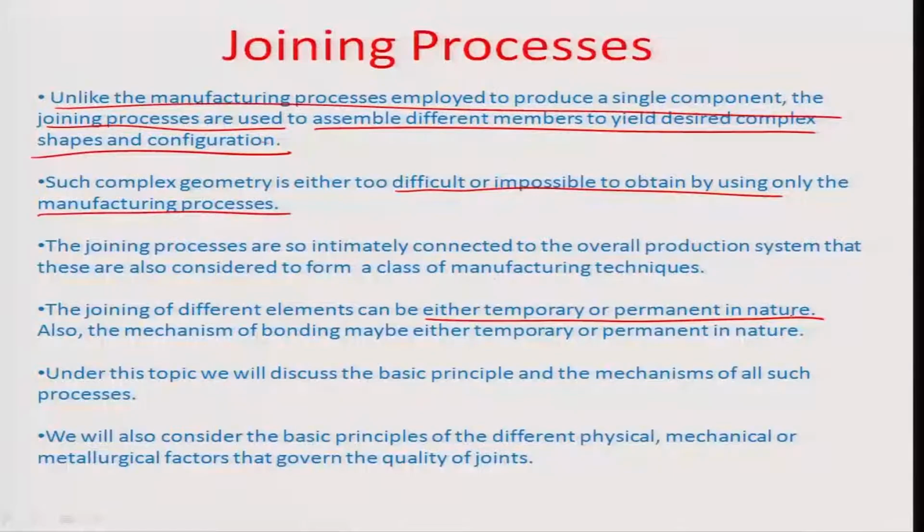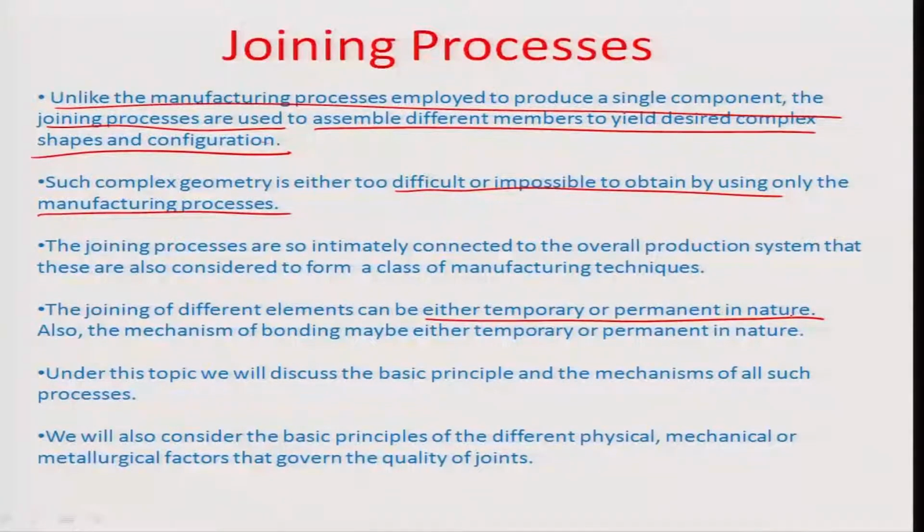Whereas something like solid state welding, where two components are pressurized very close to each other so that there is some kind of a bond formation between them, may be easily recorded as a permanent joining process. That is how you classify, and this is the first classification of all the different joining processes.